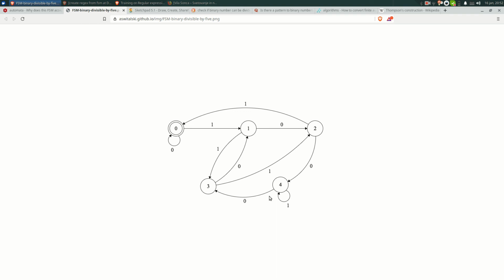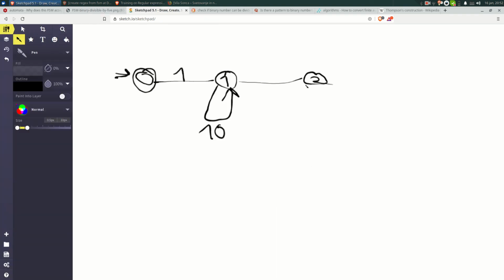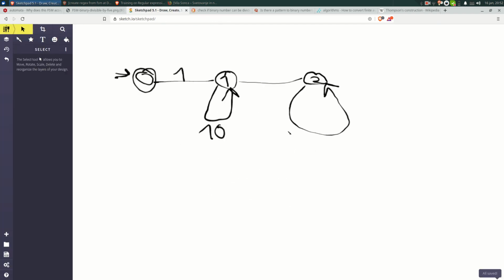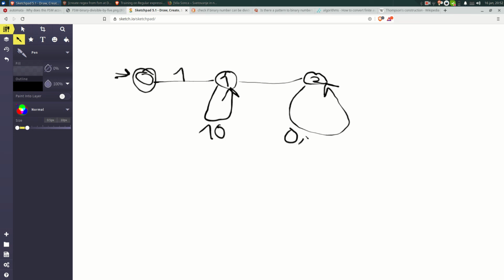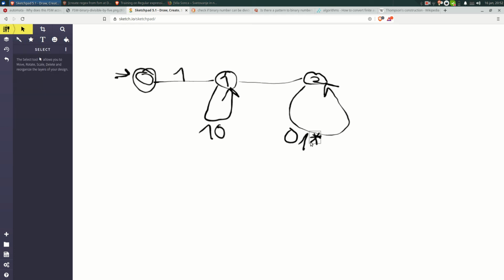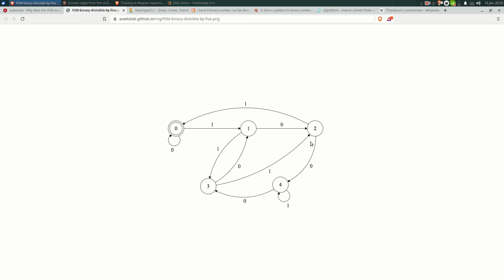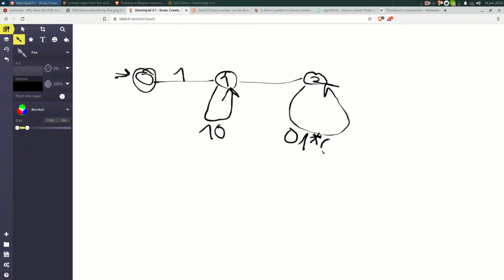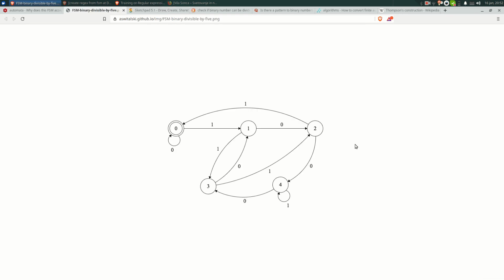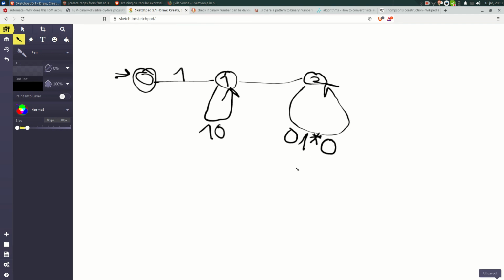It's first 0, like this, also kind of a self loop. First is also 0, then it's 1, but 0 or multiple times, then is 0. And then it can be 0 or 1, so this thing can go basically back to here.